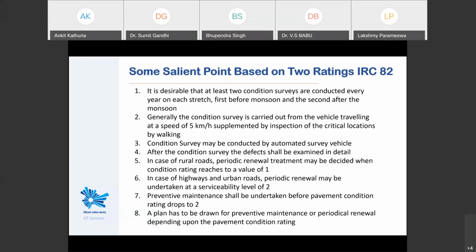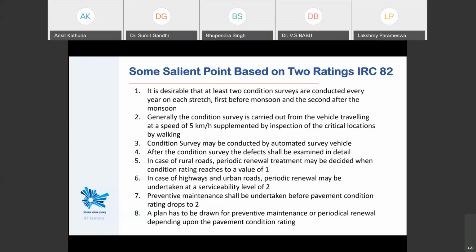So IRC 82 clearly tells that a plan needs to be made, and priority to the section needs to be given based on the condition rating that we have received. The condition rating ranges from 1 to 3. So the roads which have a rating of 1 should be given the top priority, and the roads which have a rating of 3 should be given the least priority.